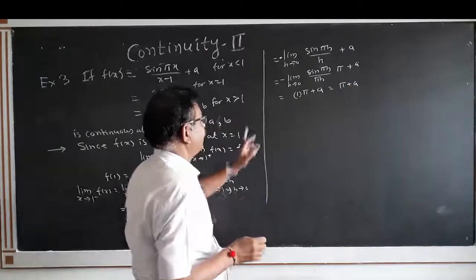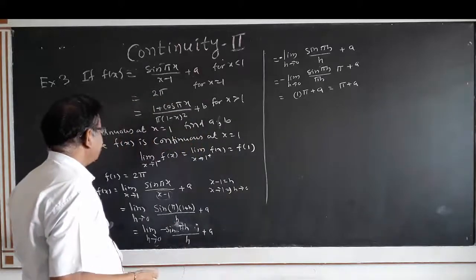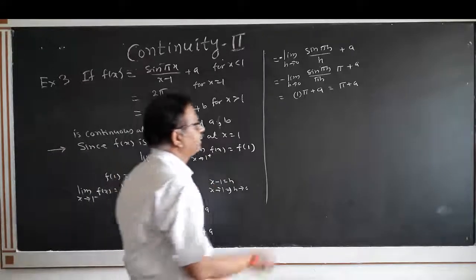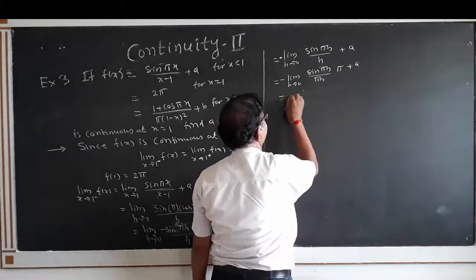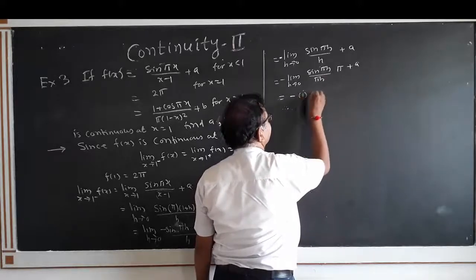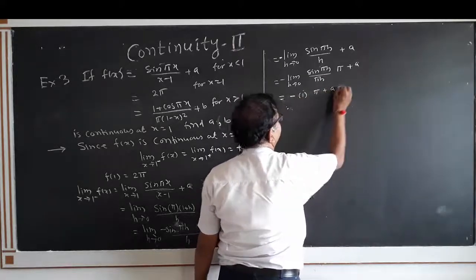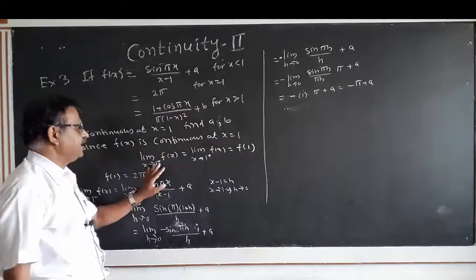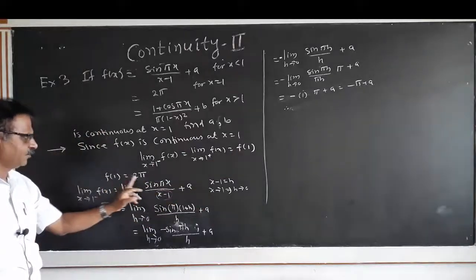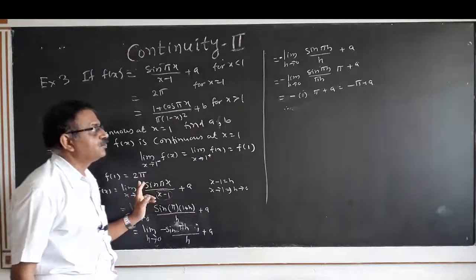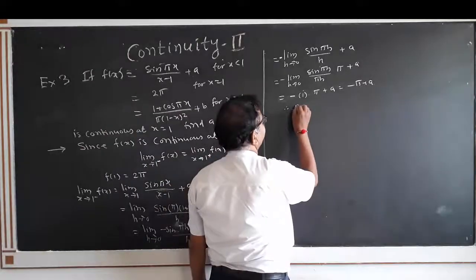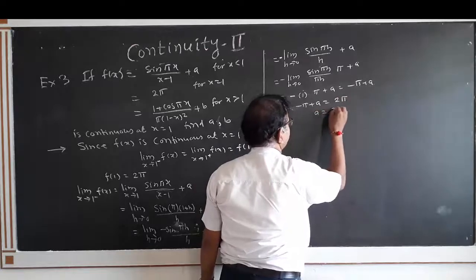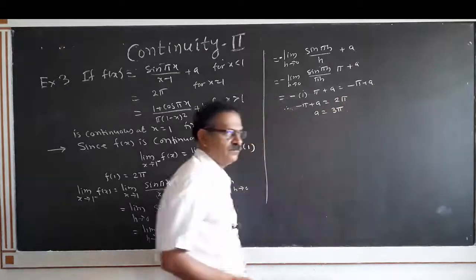Left hand limit is minus pi plus a. But we know that left hand limit equal to f of 1 and f of 1 equal to 2 pi. Therefore, minus pi plus a equal to 2 pi, and hence a equal to pi plus 2 pi, that is 3 pi.